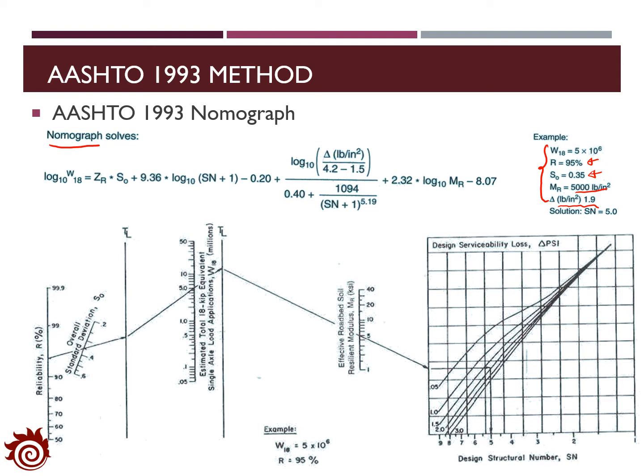Then we can start from the axis on the left and go to the right to find out the value of the structural number. We know that the reliability R is set as 95%, which is a point in this scale.